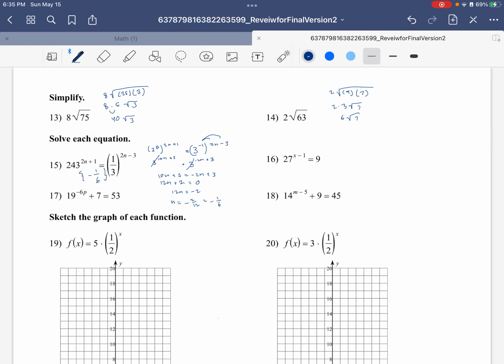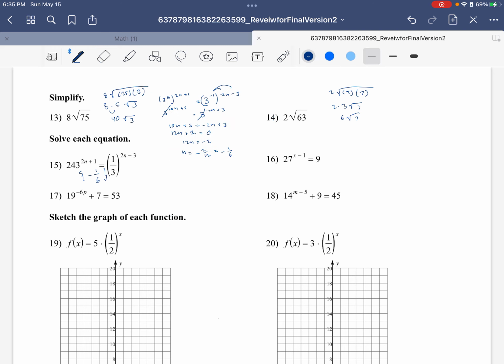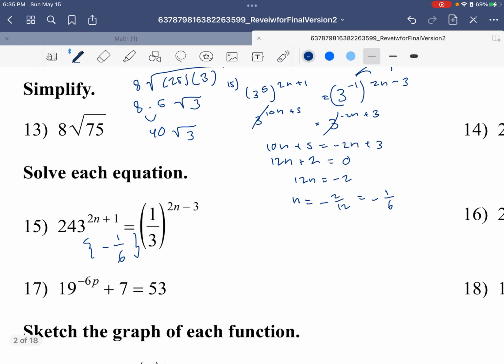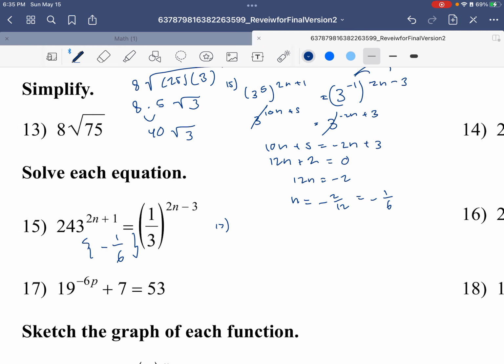Okay, so now let's do number 17. If you minus 7 on both sides, you get 46, and then 46 and 19, there's nothing that you can raise a number to the power to make the bases the same.